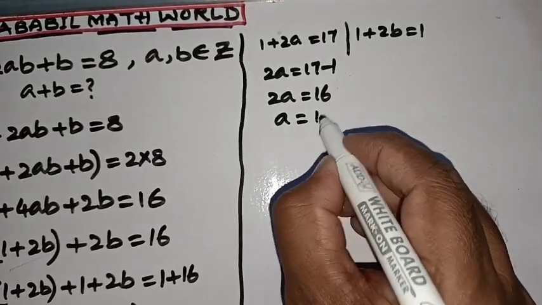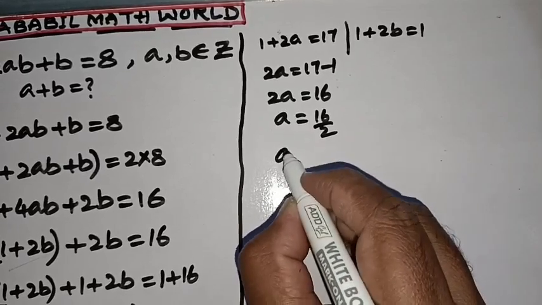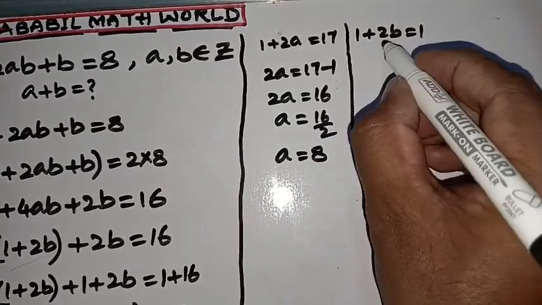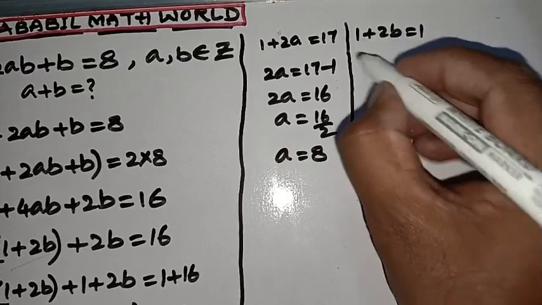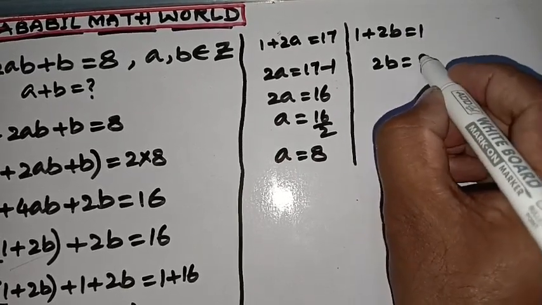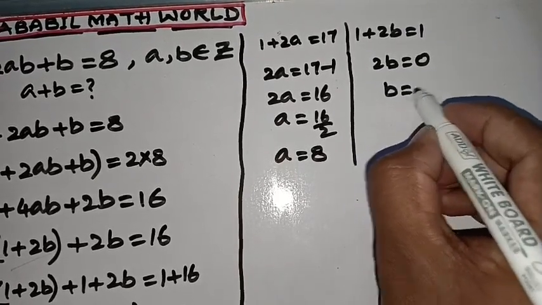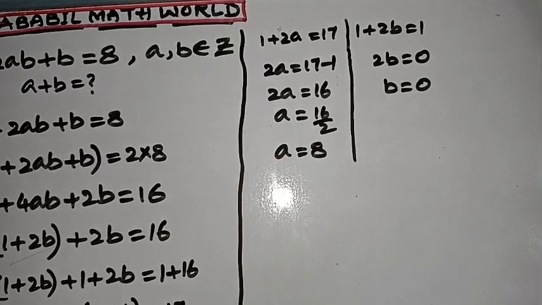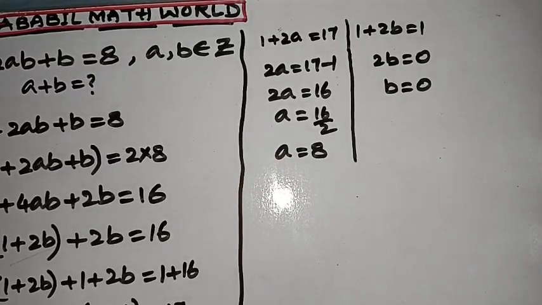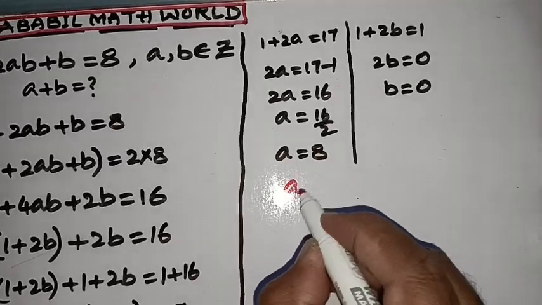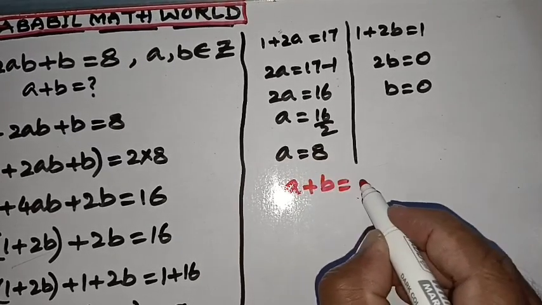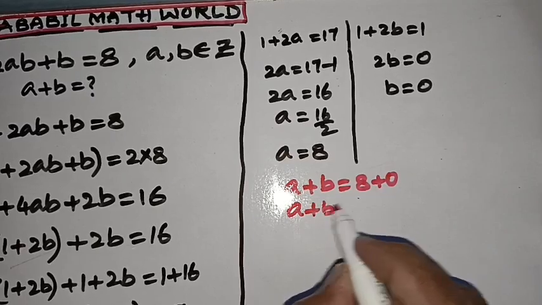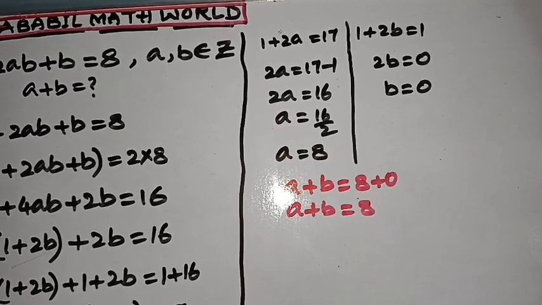So a = 16 by 2, a = 8. And on this side, cancelling 1 and 1, 2b = 0, b = 0. So in this case the value of a + b is equal to 8 + 0. So a + b = 8.